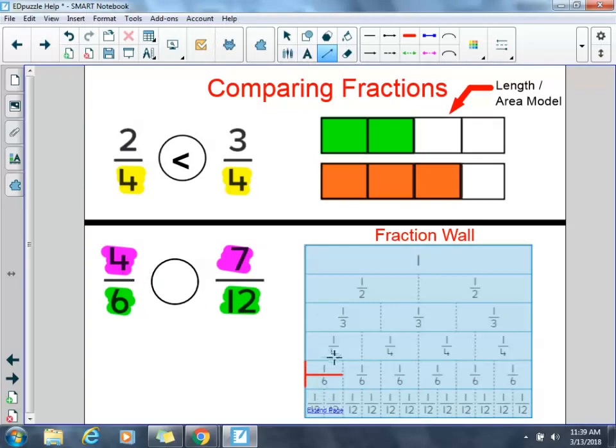But remember, I got to go 4/6. So I got to go another piece, so that is 2/6. Another one would be 3/6. And my last one would be 4/6. And that's where that piece would end. So I know 4/6 starts here and ends over here. Okay, because 1/6 plus 1/6 plus 1/6 plus 1/6 would really be 4/6.